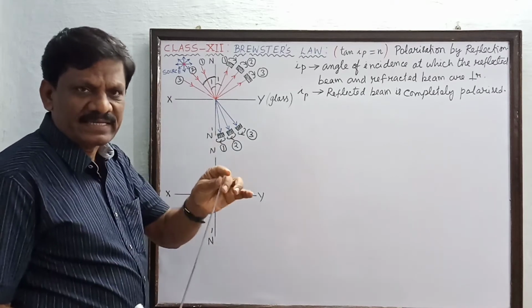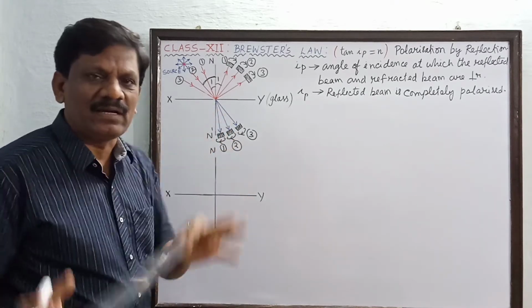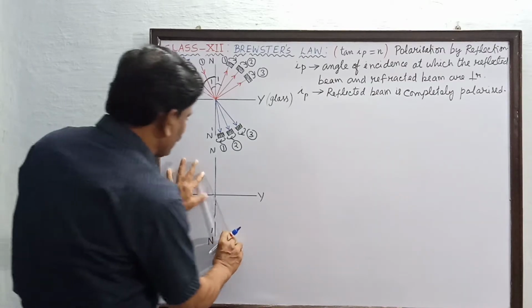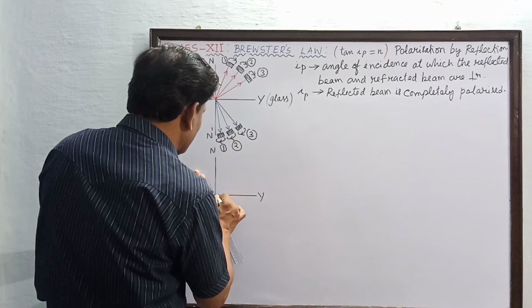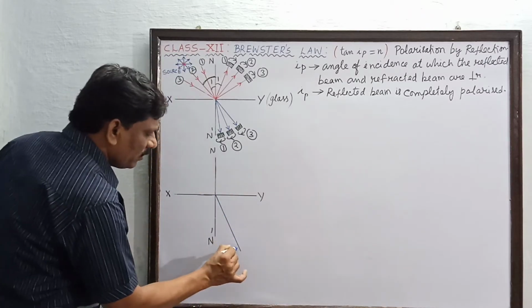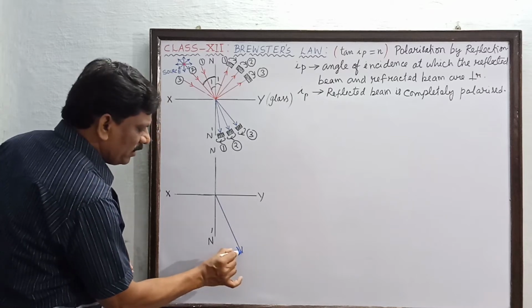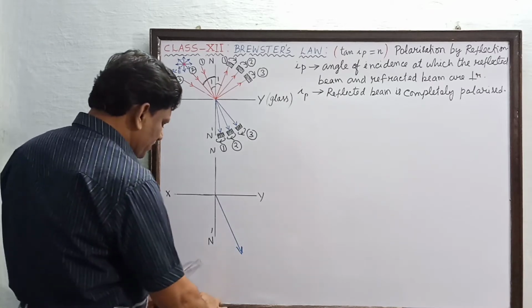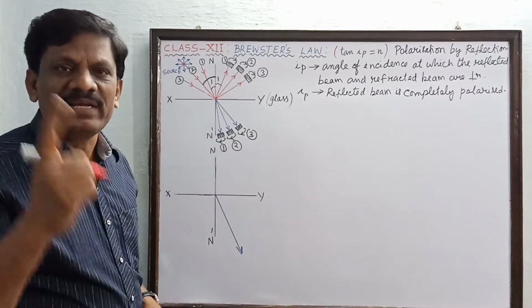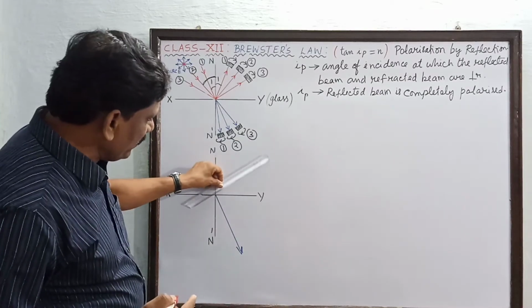You have to take a scale and draw a straight line corresponding to the refracted beam first. See here, I am drawing the refracted beam. So, this is the refracted beam. Why am I drawing this first? This is because I have to draw another straight line perpendicular to this refracted beam.